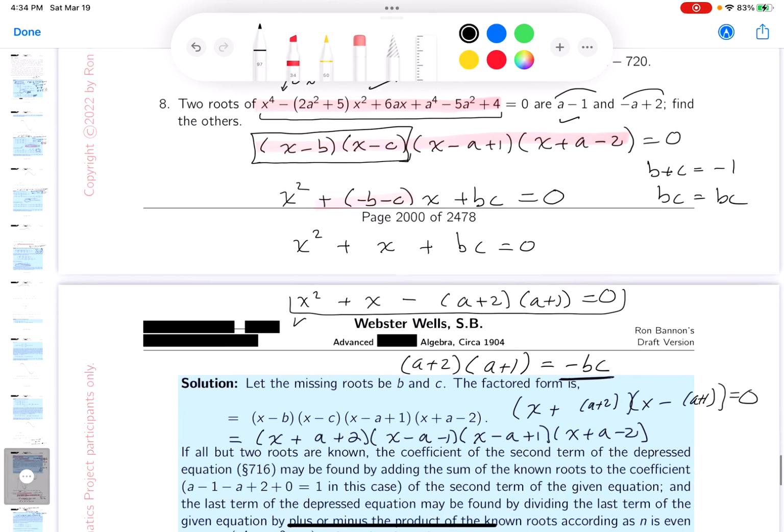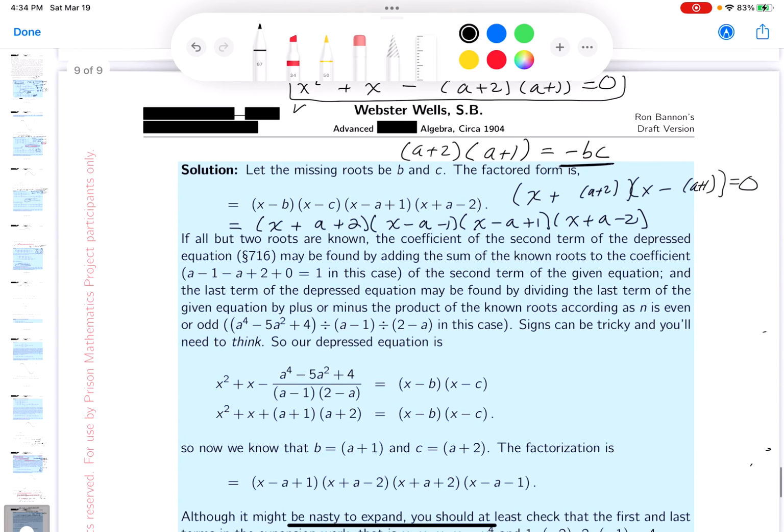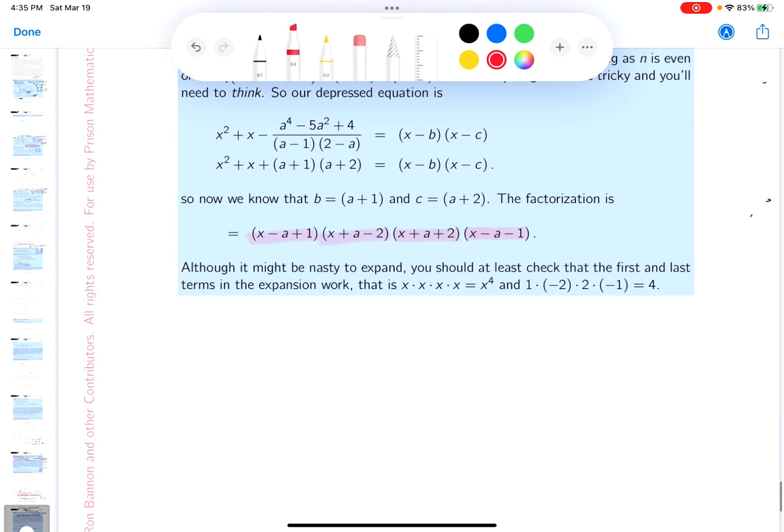All right, now before I go forward, I want to see if we've met that milestone. And I want to see if I've got it. Do I have x plus a plus 2? Right there. Do I have x minus a minus 1? Right there. Do I have x minus a plus 1? Do I have x plus a minus 2? I can list all 4 roots now, all right?